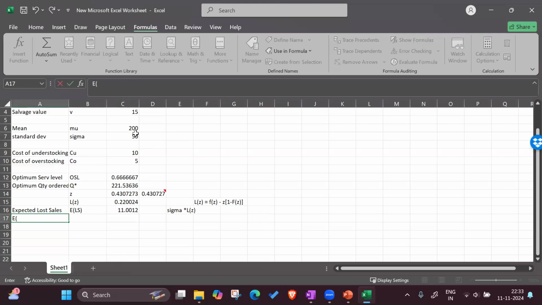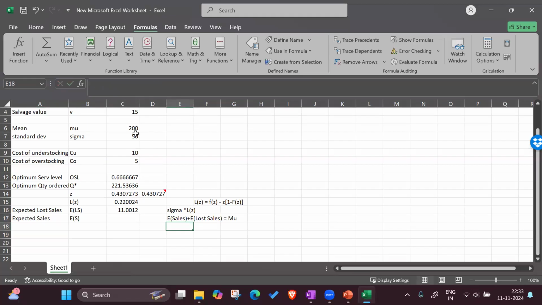Now, once we have this expected loss sales, we can calculate expected sales, which is much easier to calculate from this.